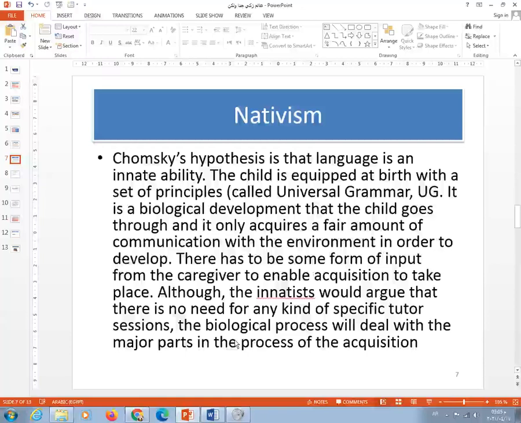And he rules out the idea that the child's language is an imitation of the caregiver's language or the parent's language, and so on.